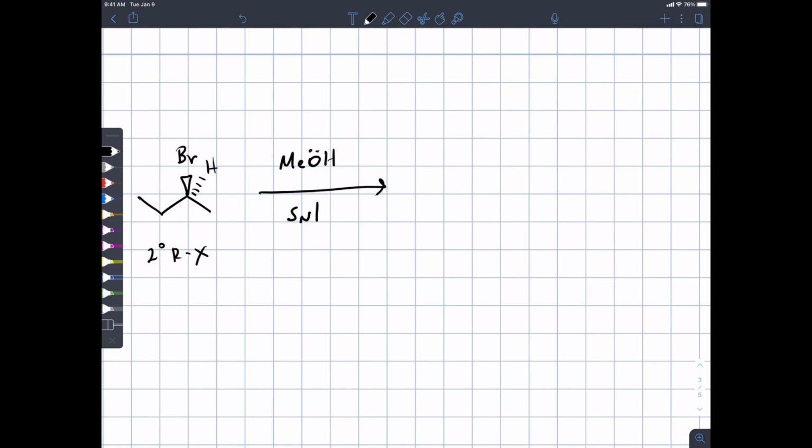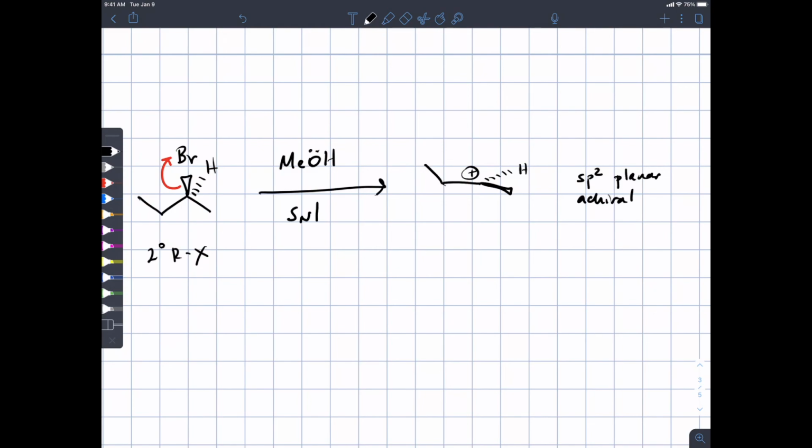The first step of SN1 is that the leaving group leaves. Once that leaving group leaves, remind me about the geometry of the resulting intermediate about that carbon. What's its hybridization? What's its shape? sp2, planar. By the way, it's now also achiral.